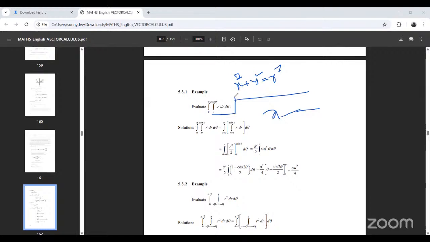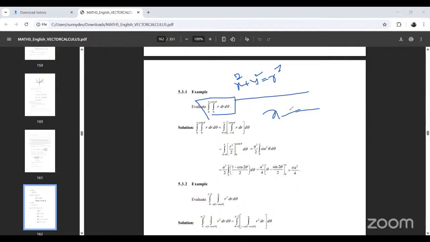So polar form. What does polar form mean?